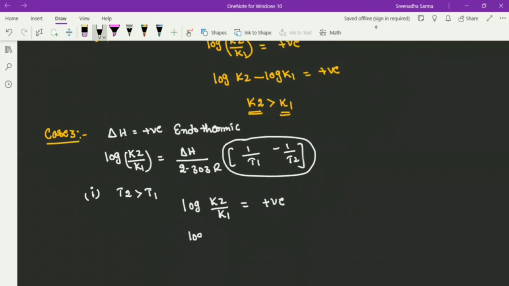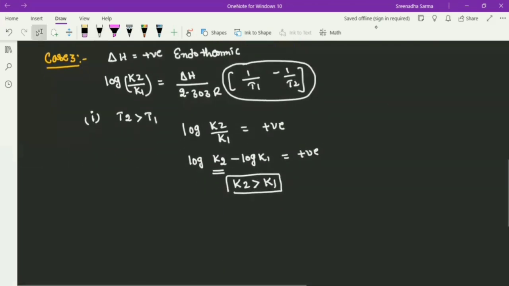Log K2 by K1, that is log K2 minus log K1, is positive. For getting a positive value, K2 is greater than K1. So as the temperature increases, the equilibrium constant also increases.